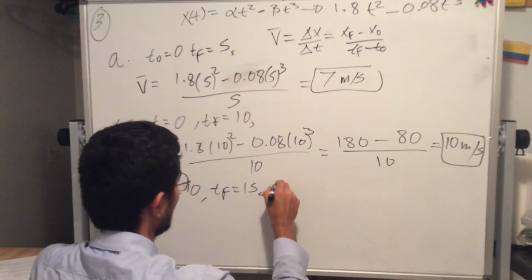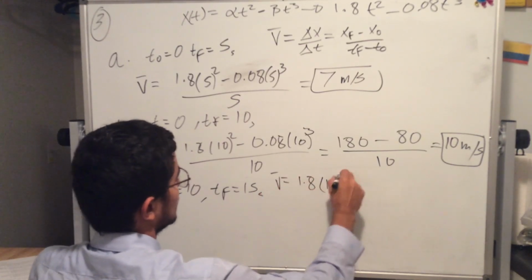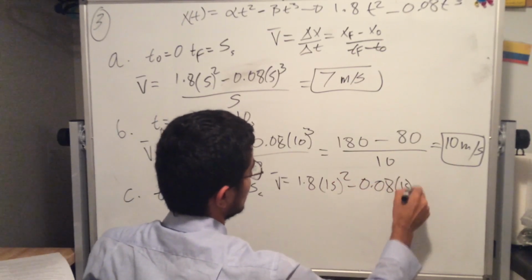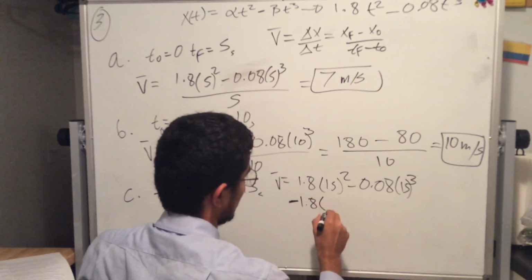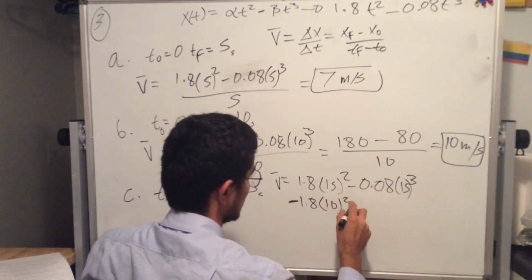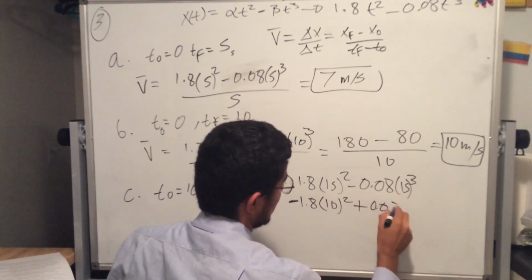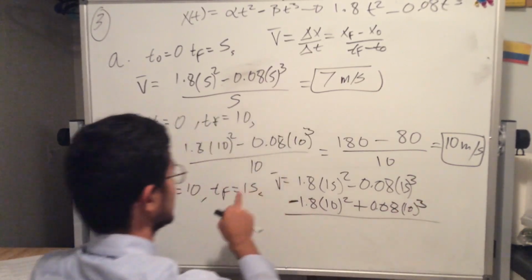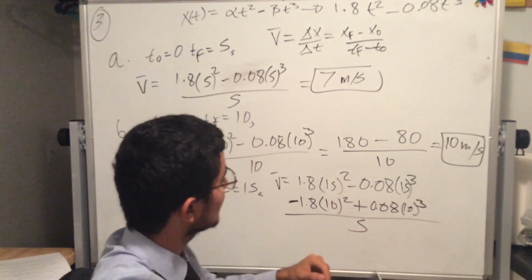So average velocity is going to be 1.8 times 15 squared minus 0.08 times 15 cubed, and we're going to subtract 1.8 times 10 squared, and then add 0.08 times 10 cubed. All of that is going to be divided by the change in time, which is 5 seconds. So let's plug this into our calculator.